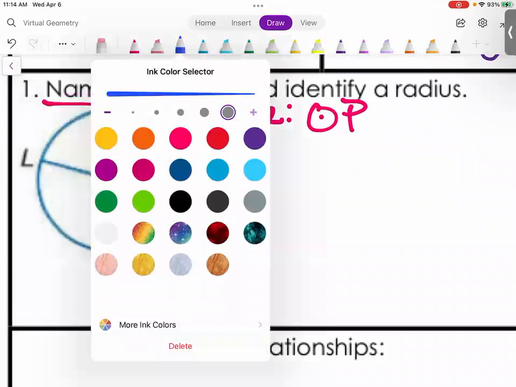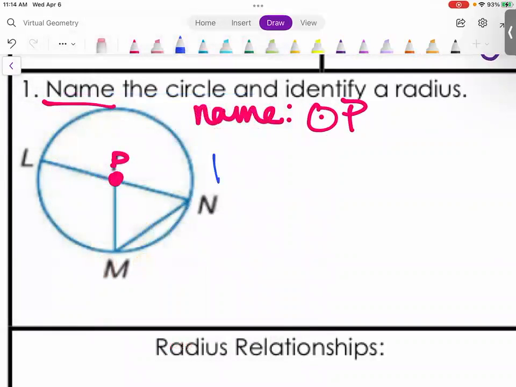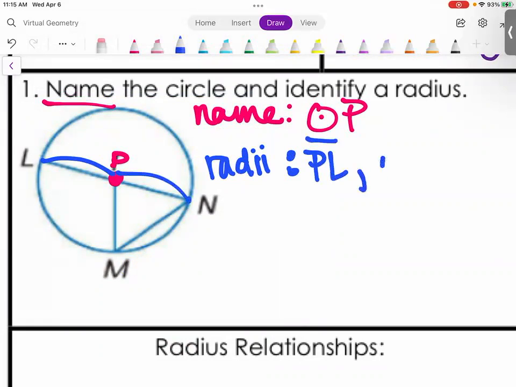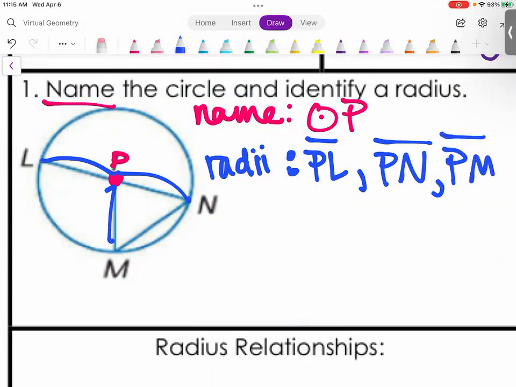Now we'll do the radius segments. Since there are 3 of them, I'm going to use plural. Radii is the plural for radius. And again, they have to come from center to the edge. So we've got P to L, P to N, and then P to M. All 3 of those are radius segments to this circle.